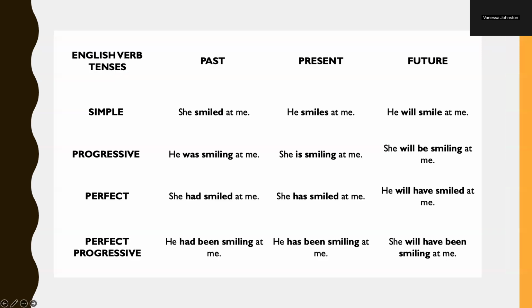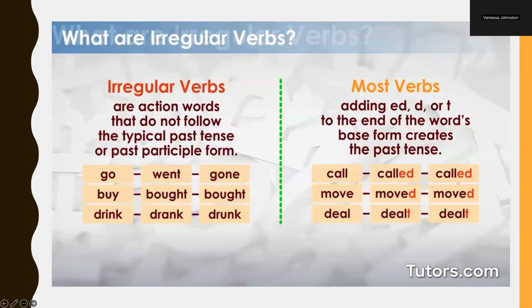Different verb tenses, we have past, present, and future. So we have present tense progressive, which is going to be is, ing. We have future tense progressive, so will be. Perfect progressive, so make sure you know the difference in the verb tenses for past, present, and future. Regular versus irregular verbs.